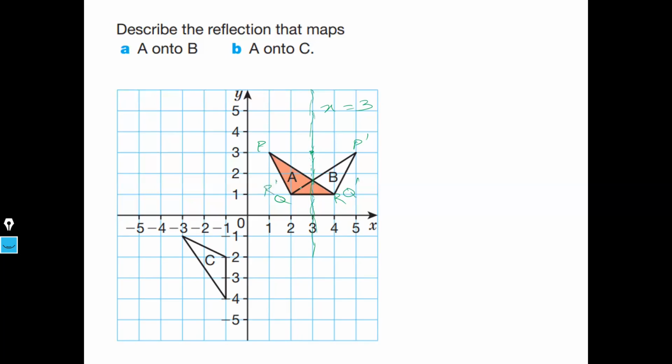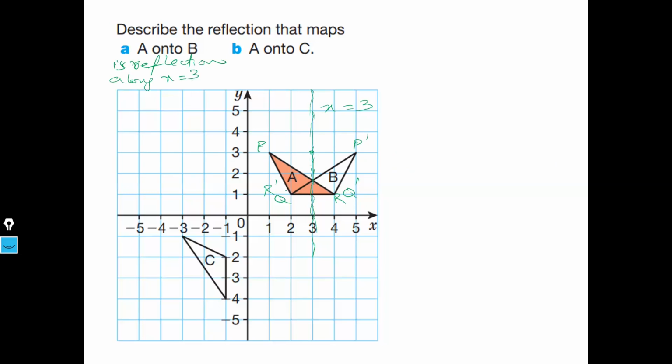Okay, so this is the reflection of A onto B. We can say that A onto B is the reflection along x equals 3.